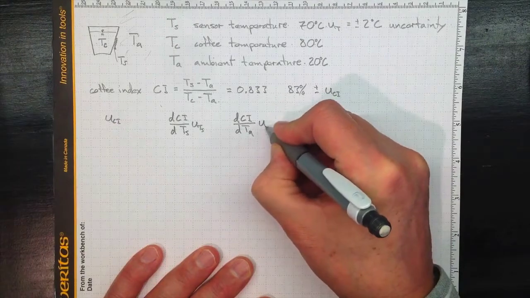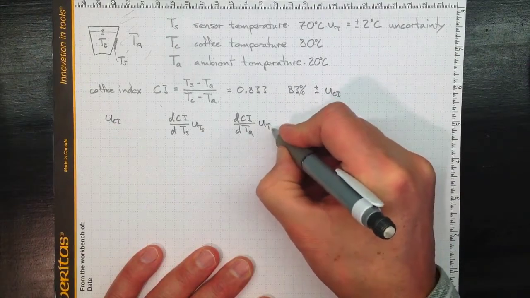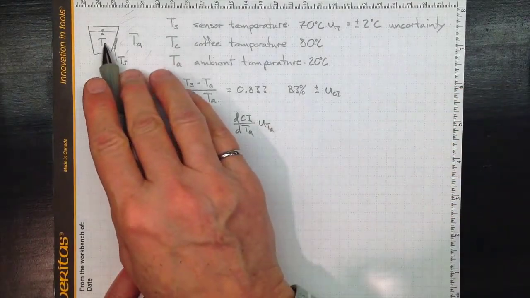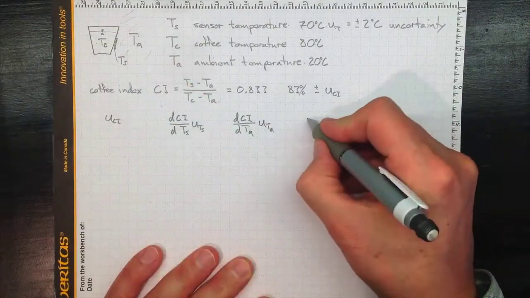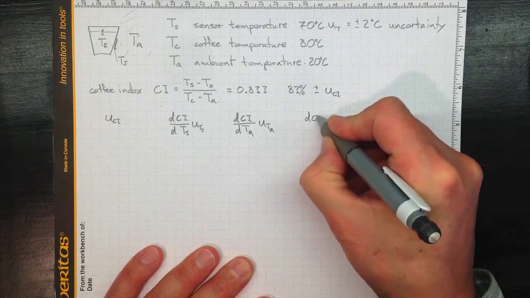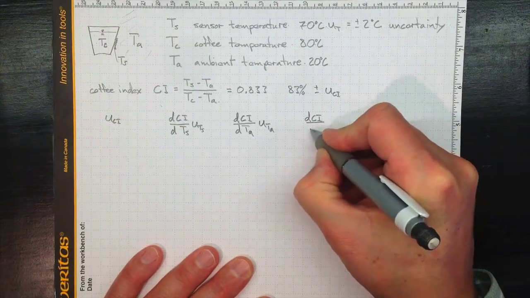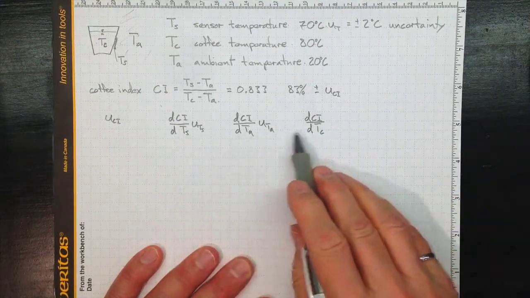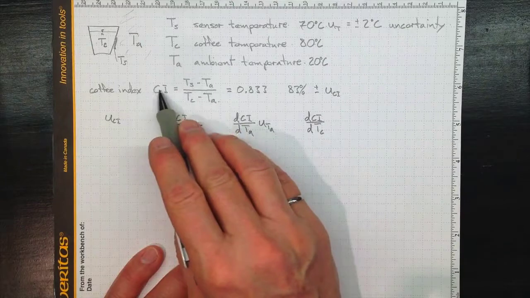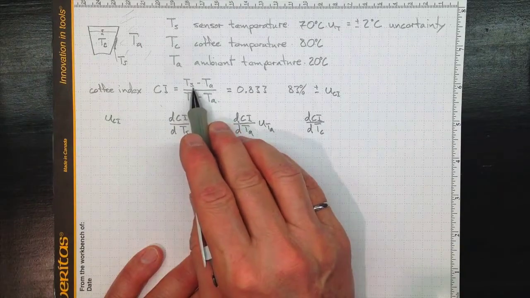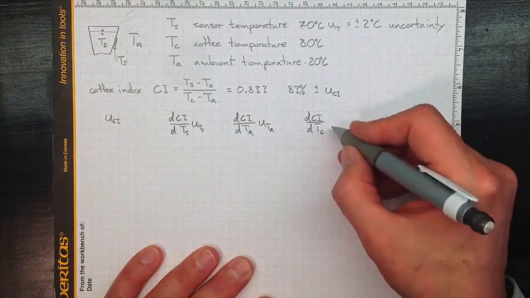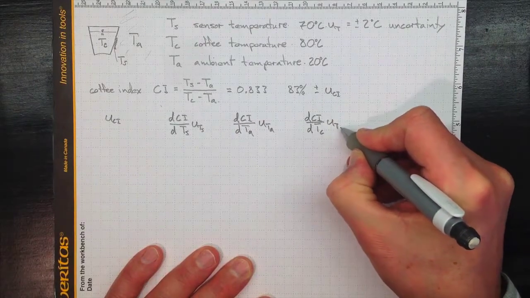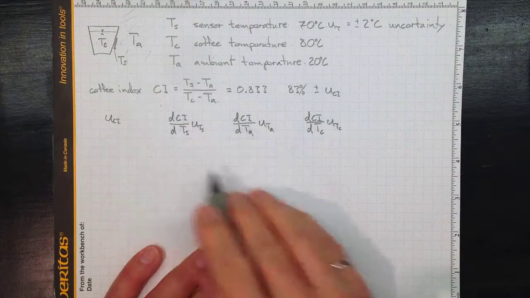And I'll need to multiply that by the uncertainty in the ambient temperature. Also, if I change the coffee temperature, my calculated CI will change a little bit. And these are all determined from the formula which relates CI to TS, TA, and TC.